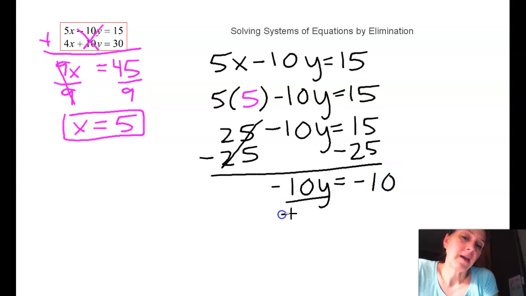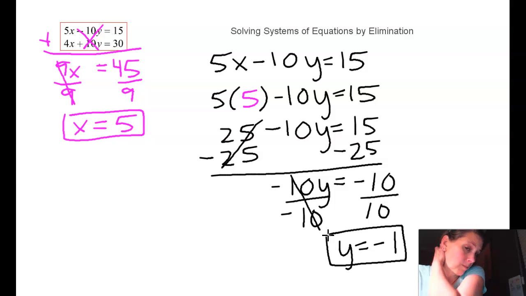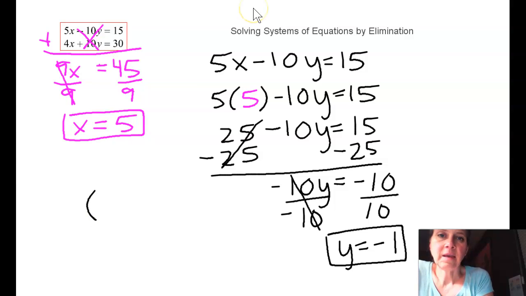So if I divide both sides by negative 10, this cancels out, and y equals negative 1. So my solution then is that x equals 5 and y equals negative 1.